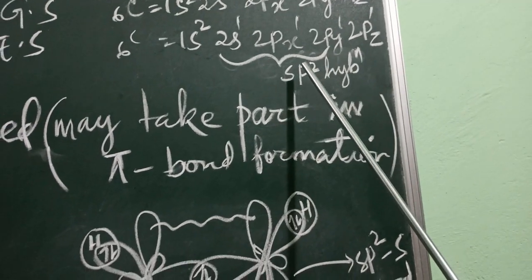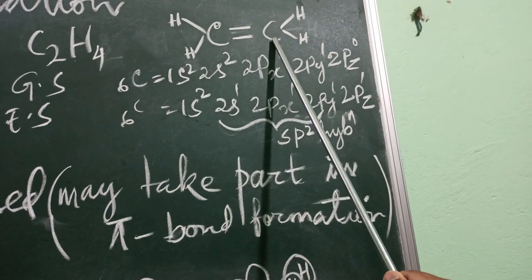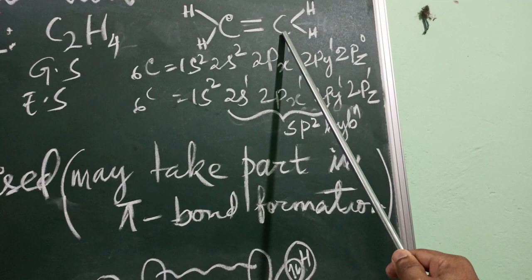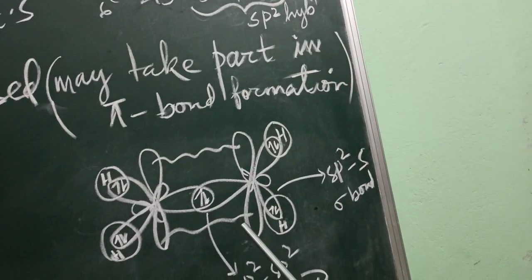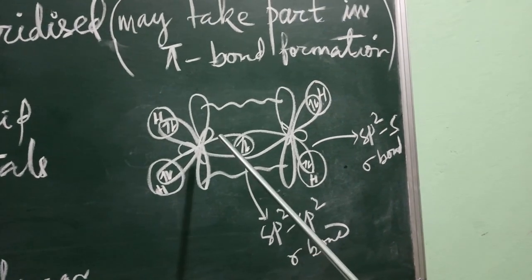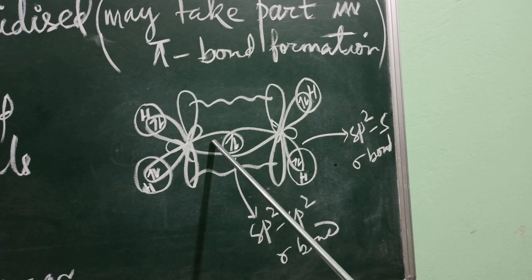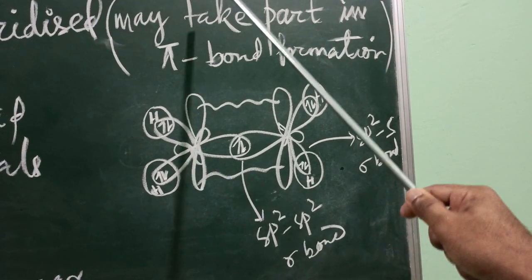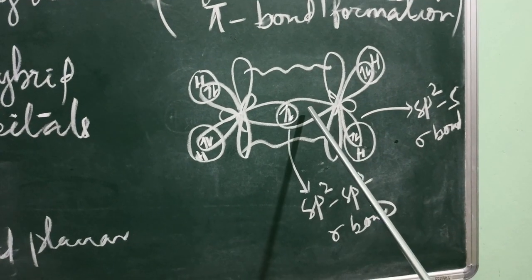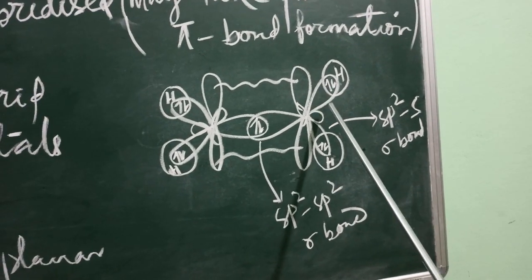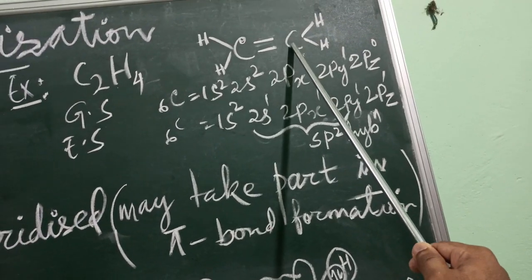So, the 3 sp2 hybrid orbitals of this carbon and the 3 sp2 hybrid orbitals of this carbon overlap in a fashion like this. You see, these are the 3 sp2 hybrid orbitals of this carbon, and these are the 3 sp2 hybrid orbitals of this carbon.